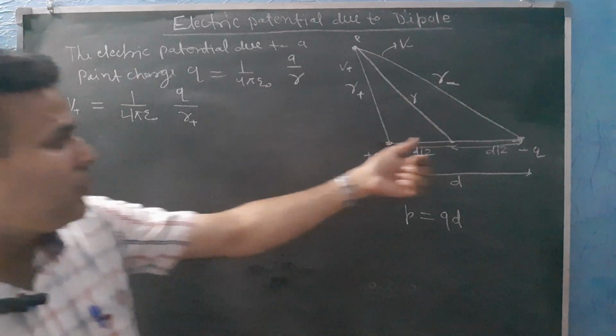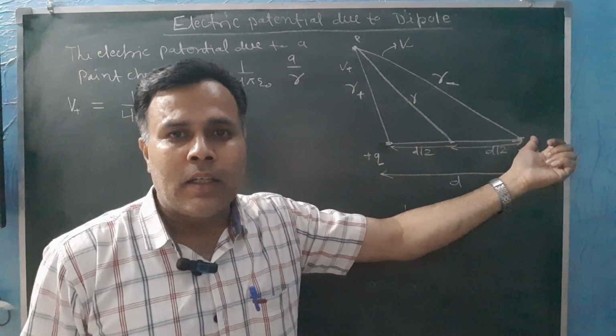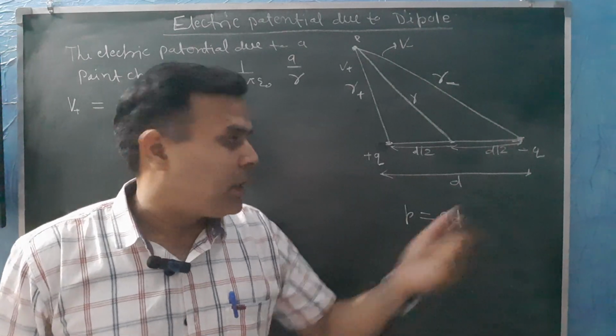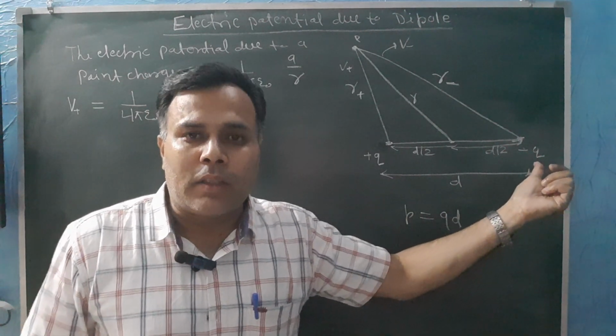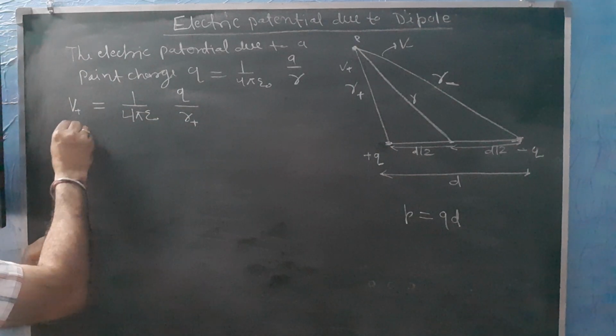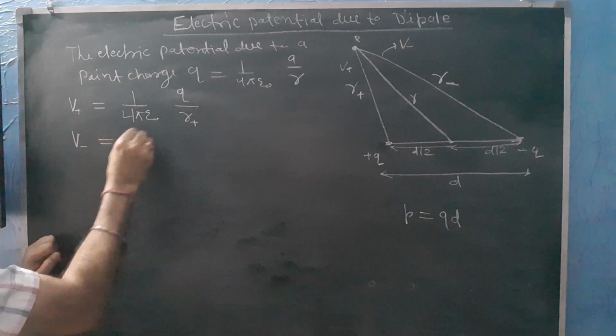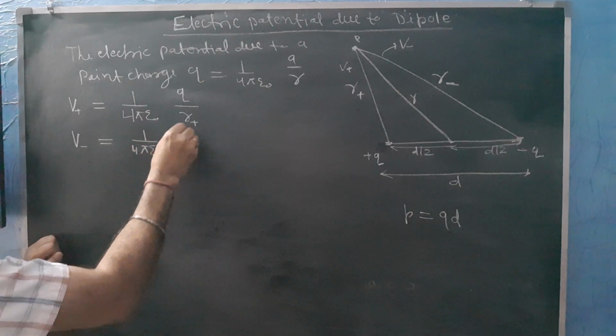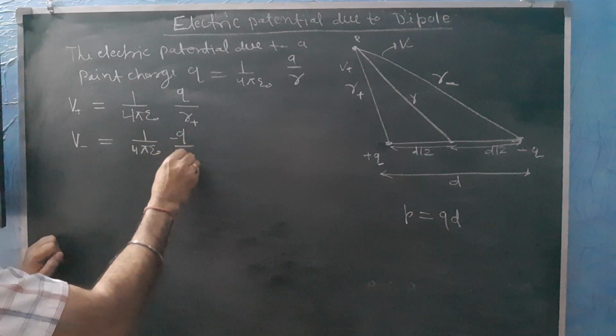And the potential due to this minus charge is again 1 upon 4 pi epsilon 0 times q by r, but in this case our charge is minus q. So V minus is 1 upon 4 pi epsilon 0 times minus q by r minus.